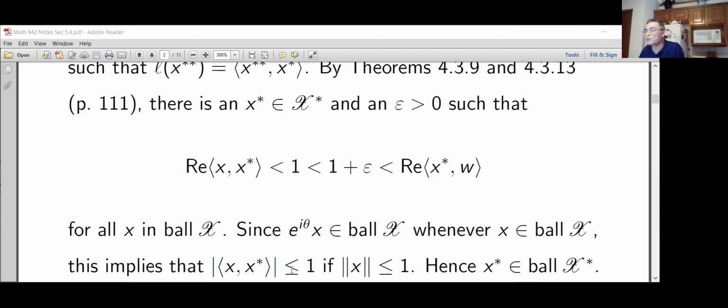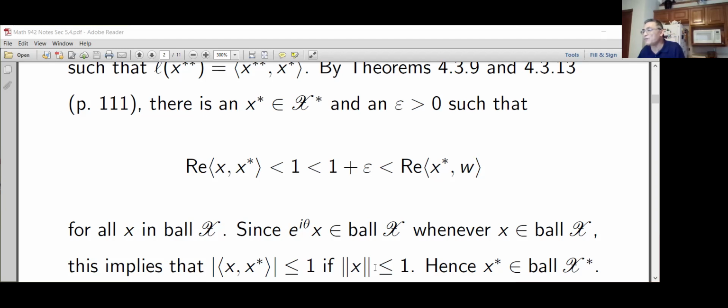So this is less than or equal to 1 whenever the norm of x is less than or equal to 1. So this implies the norm of x star is less than or equal to 1. That is, x star is in ball script x star.